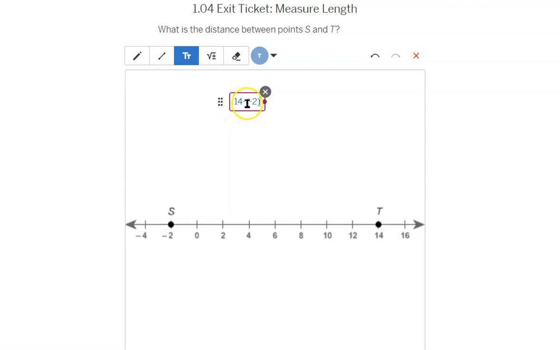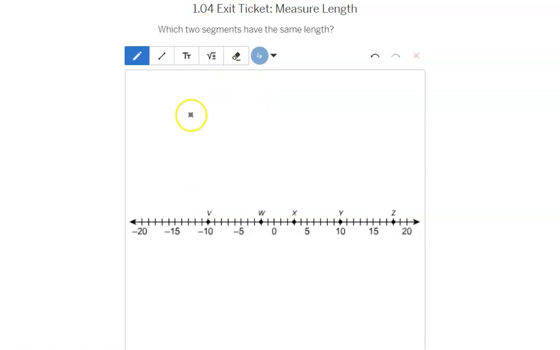Now I've got parentheses here, so I need to distribute that negative. Negative times negative 2 becomes a positive 2. So now I can say 14 plus 2 equals 16, and the distance between point T and S is 16 units. Distance is never negative. We never go backwards in distance, right?